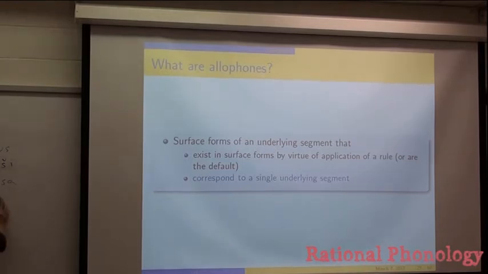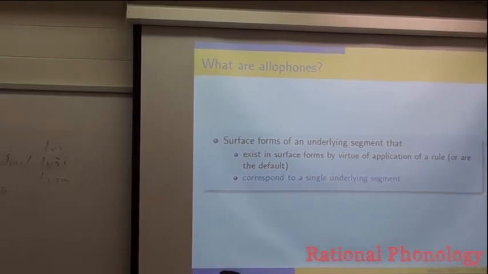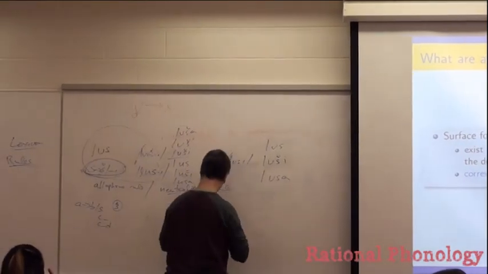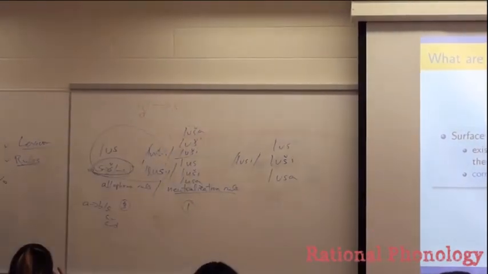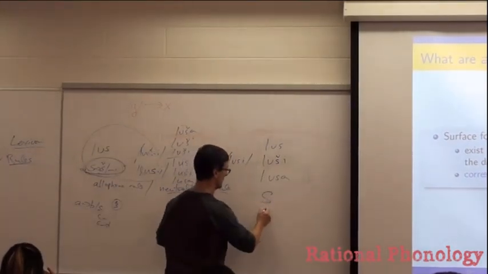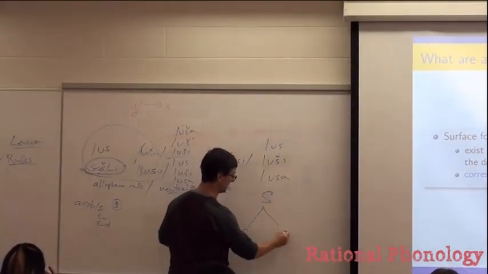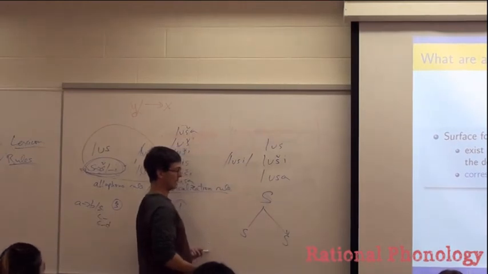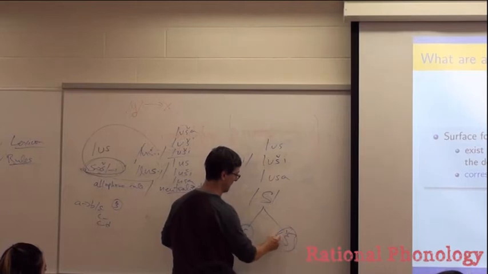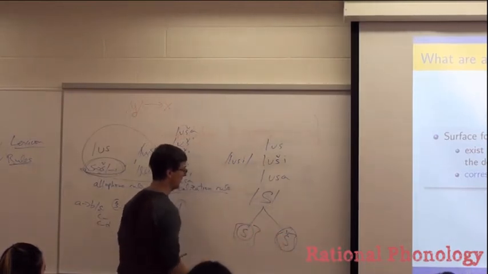So, let's see. In this language, we have our split. We have S splits into S and sh. Okay? And these are allophones of S. So typically we write them with different brackets. I don't really care about the brackets.